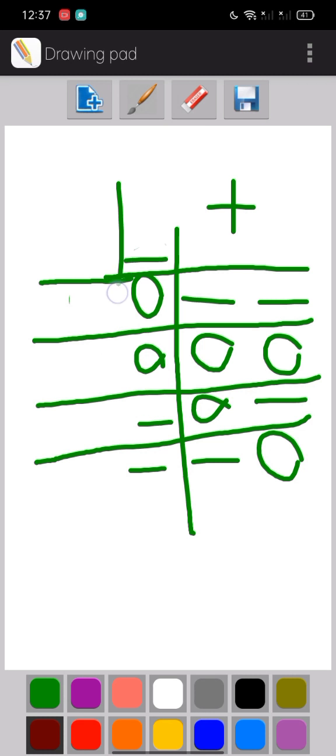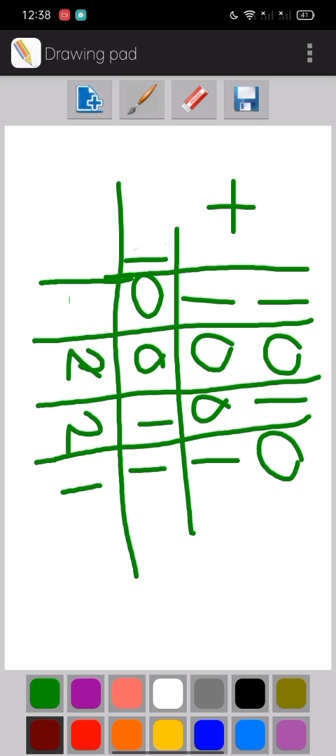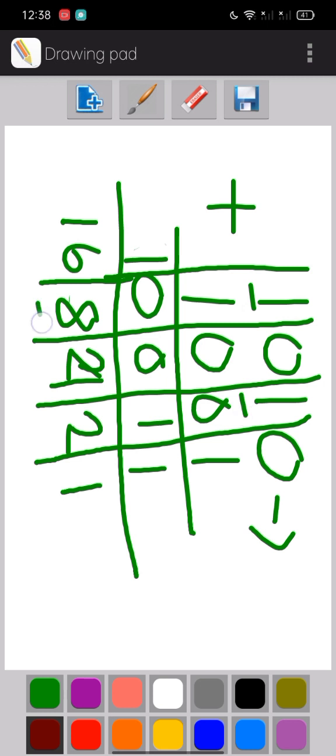So let's convert each binary number into a decimal number. So this is 1, 2, 4, 8, and 16. So 1010 is going to have a decimal equivalent of 8 plus 2, which is 10.